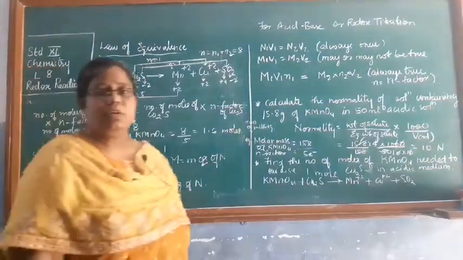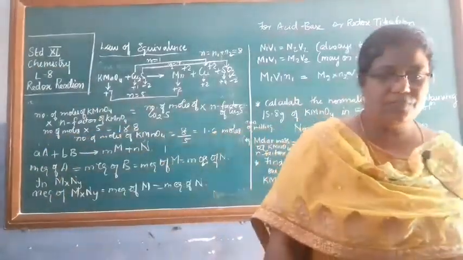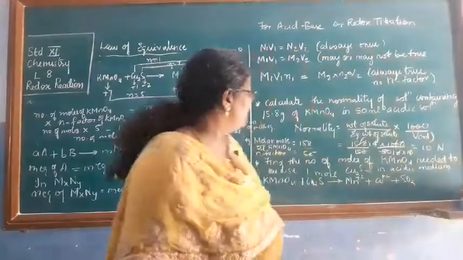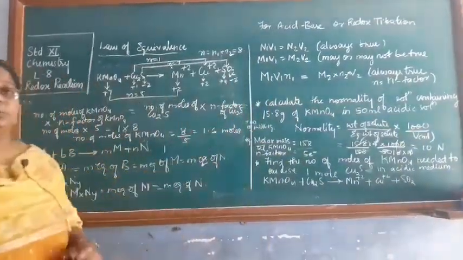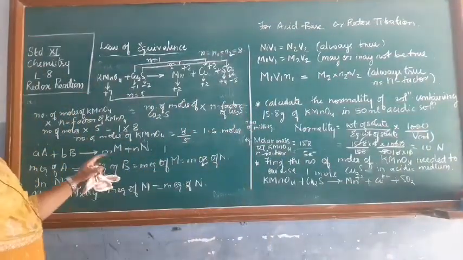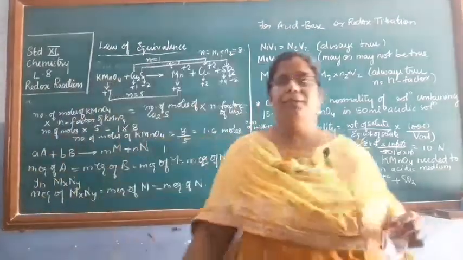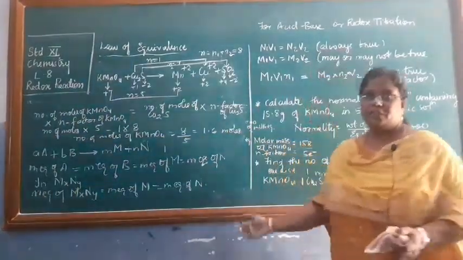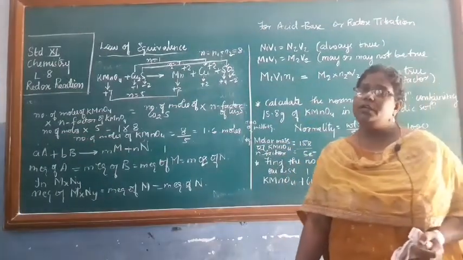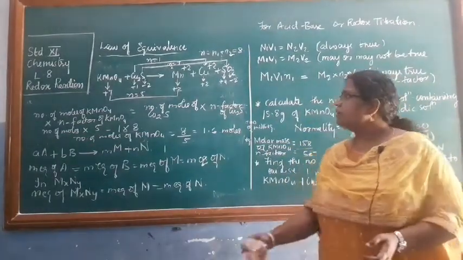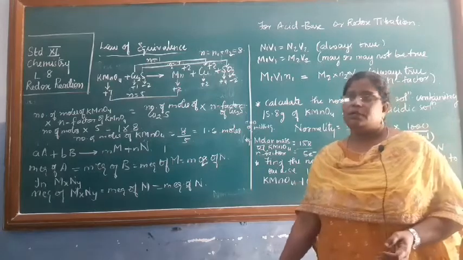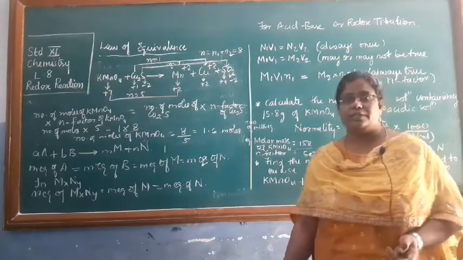Followed all of you? So you should get it as 8 by 5, which is 1.6 moles. I hope this is clear. Okay. So this is how you can apply the law of equivalence. I will give you few questions for solving today. You can do it. Okay. So we have done a very small topic of law of equivalence. ठीक है.